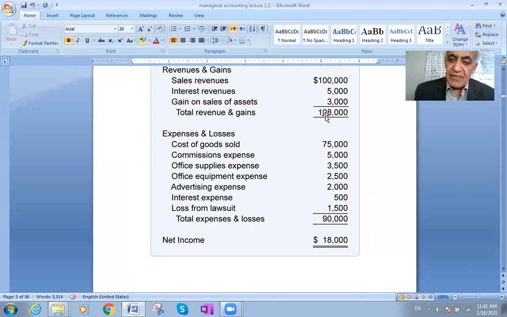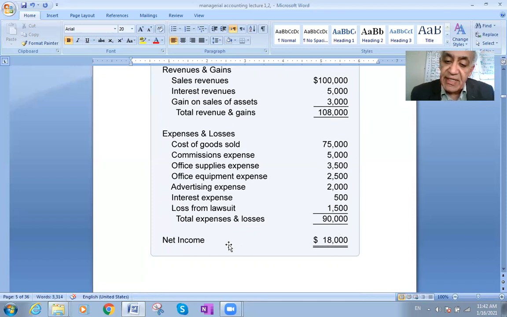So you have your revenues 108,000 and your expenses 90,000. It's very easy. You have in your right pocket earnings of 108,000 and you paid expenses of 90,000. Then what is the balance? What is the rest?